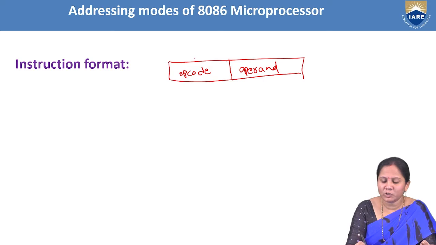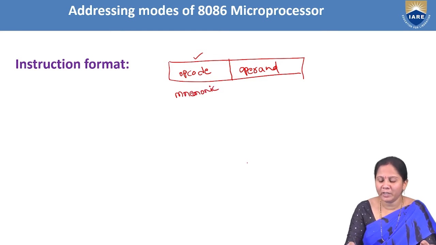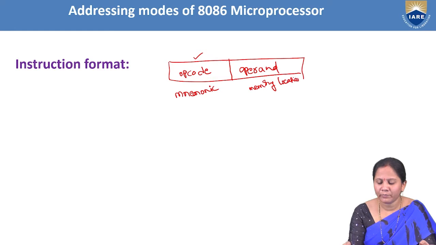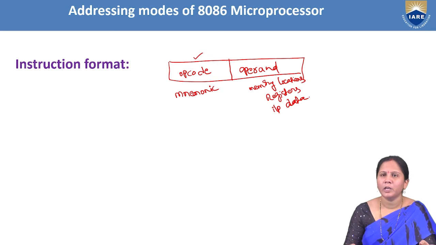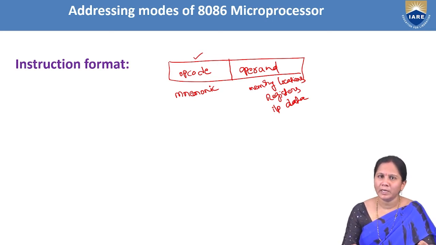In place of opcode we are going to write mnemonics. In place of operand, you can indicate memory locations, or registers, or some input data. So this is the general format of an instruction.